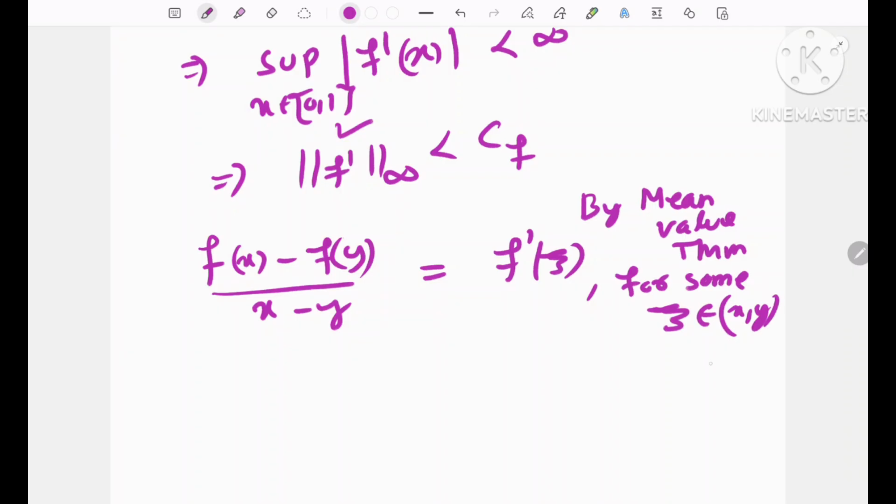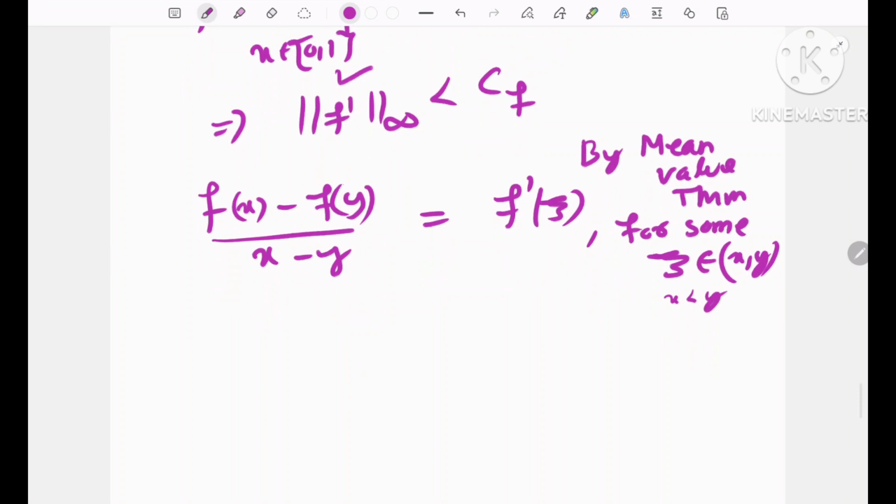Without loss of generality, you can take x less than y, because x is not equal to y, so one can take x greater than y or y greater than x.